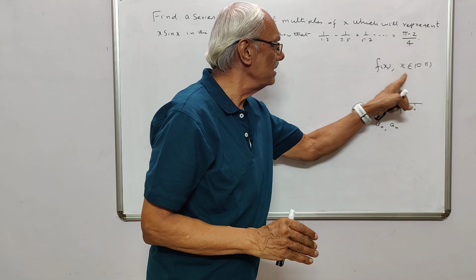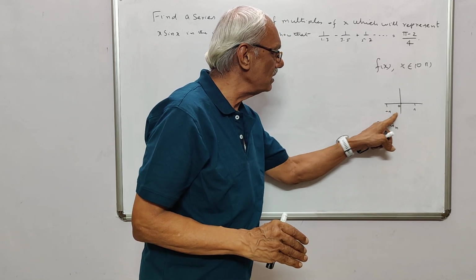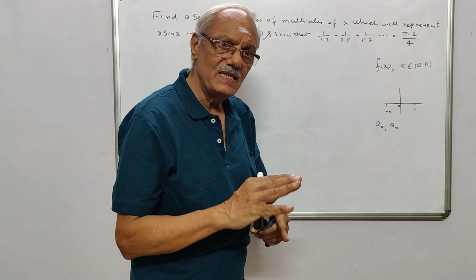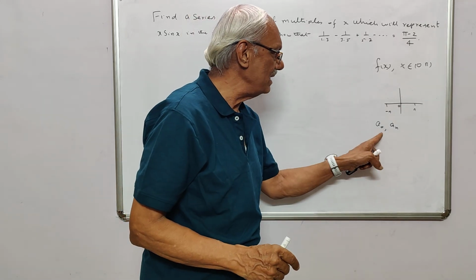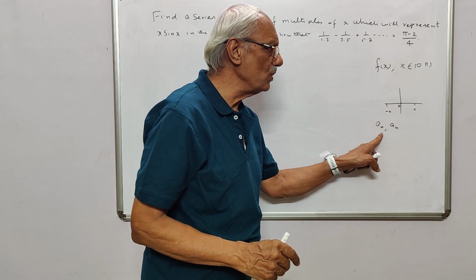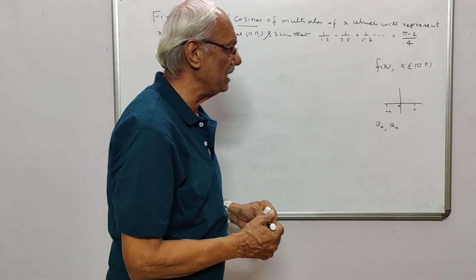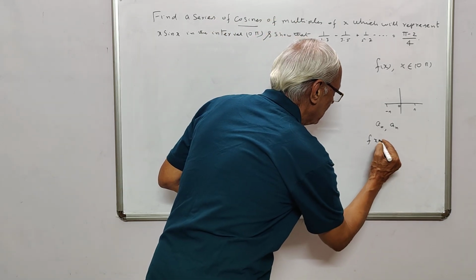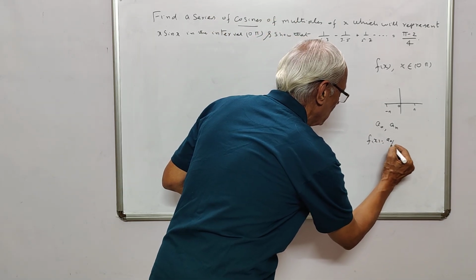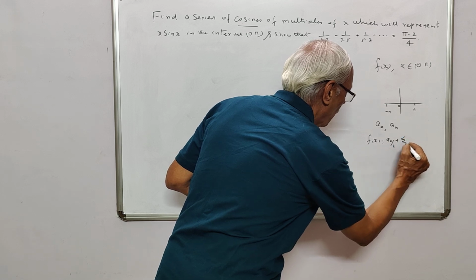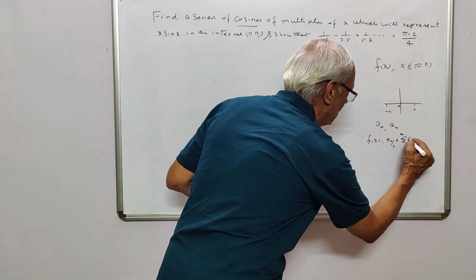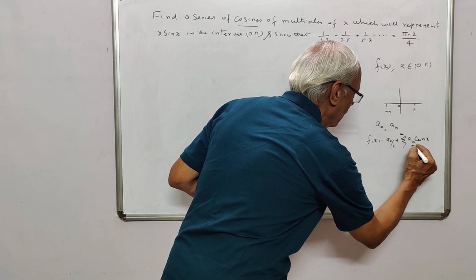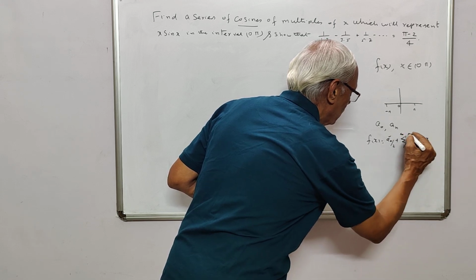Then you extend this function to the other half, minus pi to 0, and then find the Fourier coefficients a0 and an, so that your f of x will be equal to a0 by 2 plus the sum from 1 to infinity of an cos nx, and you have to find the value of a0 and an.